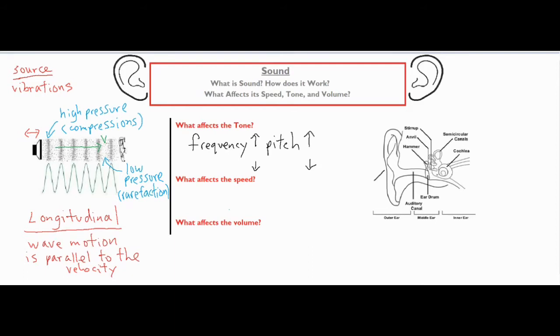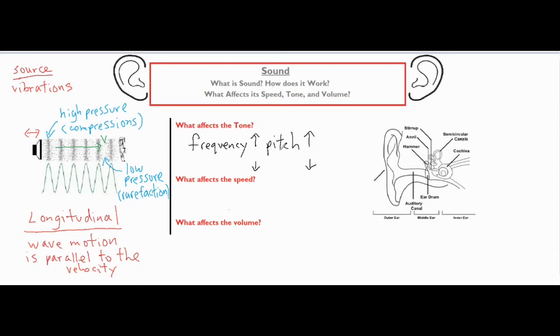So it could be a vocal cord, a guitar string, or knocking on a door. Depending on how frequently that object vibrates back and forth, that will make your eardrums vibrate at a different frequency, therefore causing you to hear different pitches.